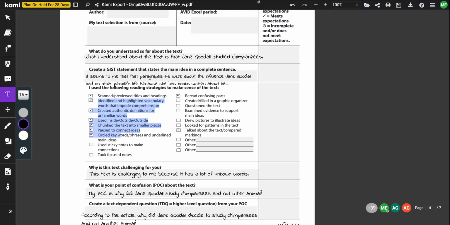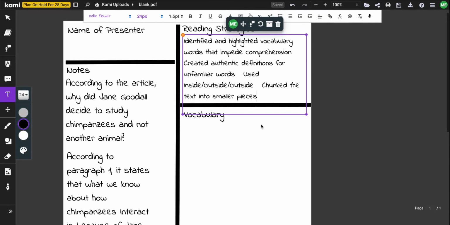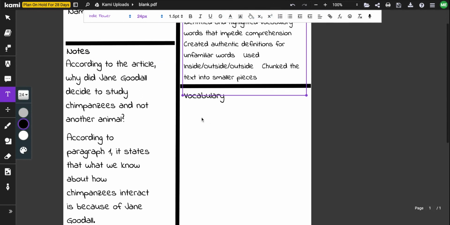So I'm getting my reading strategies, and we're just putting them in this little section right here. So I have my notes, I have my reading strategy, and then I have my vocabulary.